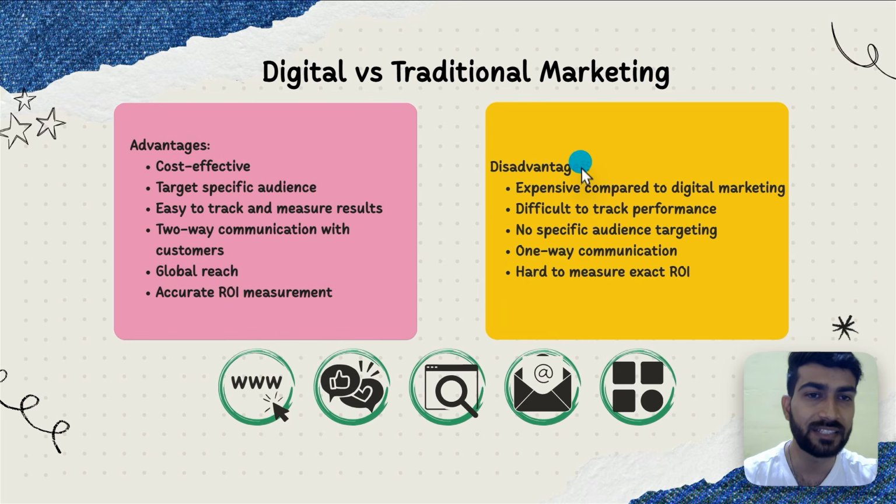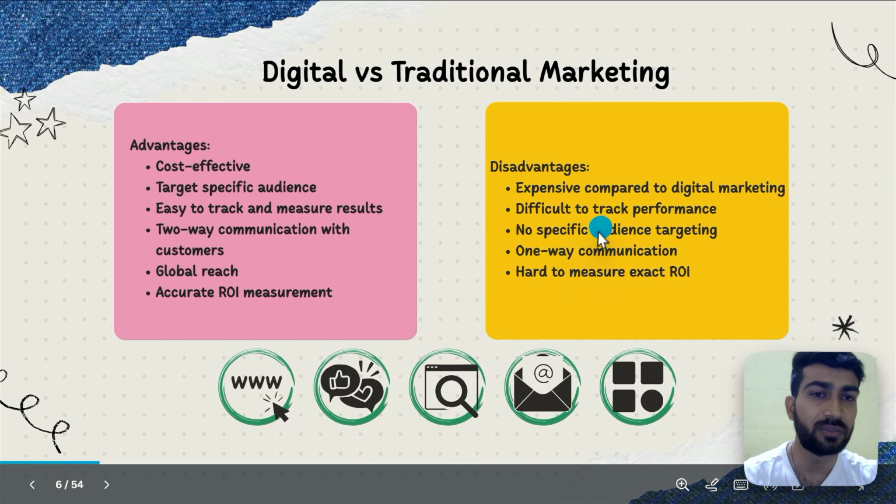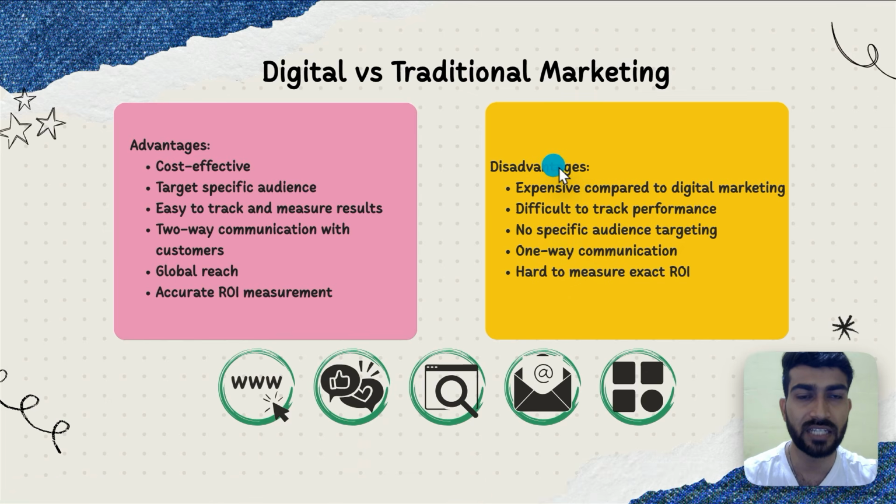But in traditional, it is a little bit expensive and difficult to track performance. That is the very huge disadvantage of traditional marketing, I would say. If you measure exact ROI, then only you can plan accordingly how you need to change your marketing strategies.